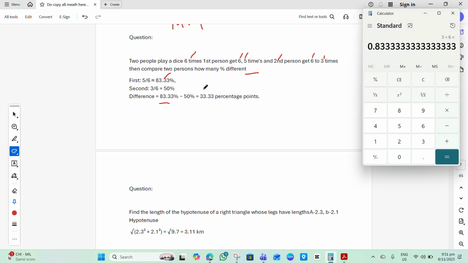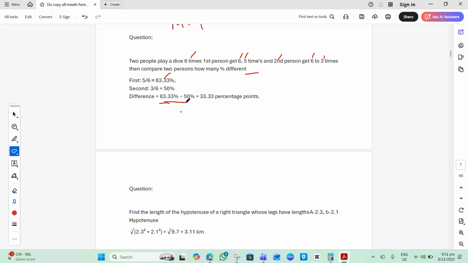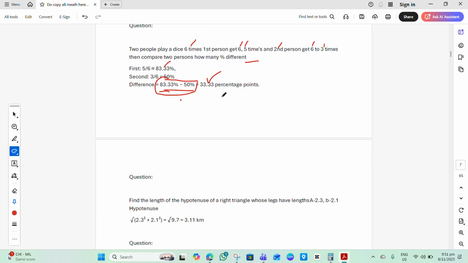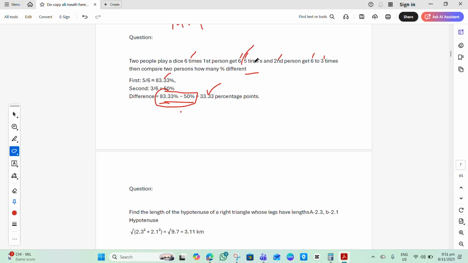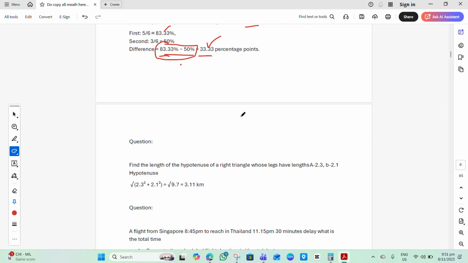Another is 3 divided by 6, 50%, plus 83.33. Something is wrong. Oh, sorry. Okay, here we already did the subtraction. Two together, so after subtraction 33%. This one has the calculator, so you just need to divide it. After that, comparing, whatever value comes, that's the answer.